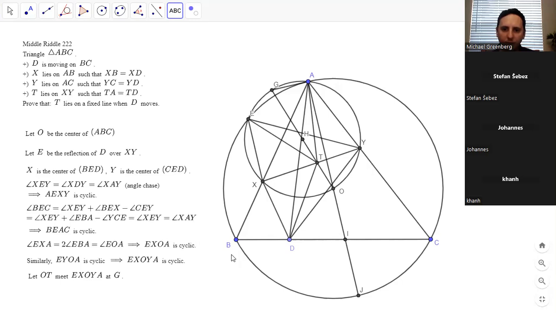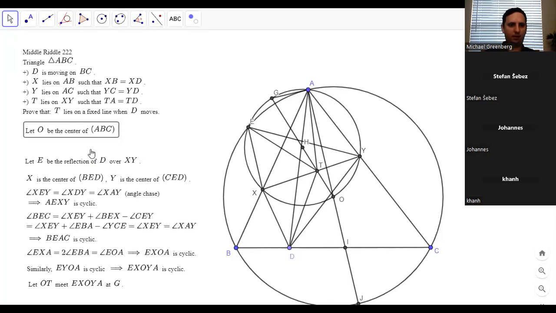So GXY is similar to ABC. Well, first we want to show its tangent, which should just be an easy angle chase. Let me check the chat.